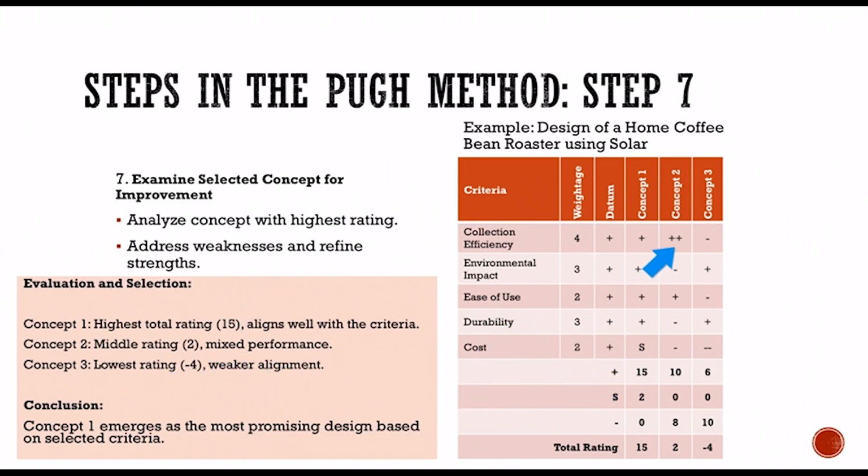And concept number 3 has the lowest rating, negative 4, with weaker alignment. So as a conclusion, concept 1 emerged as the most promising design based on the selected criteria here.